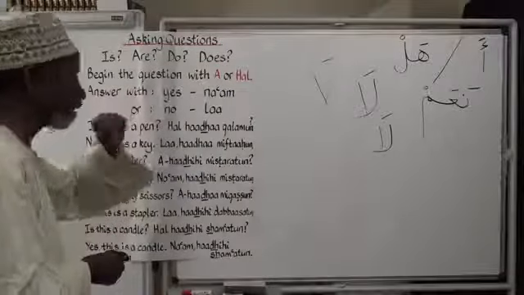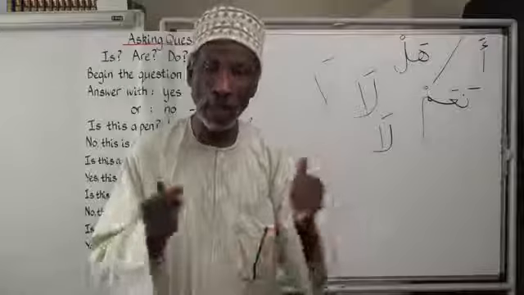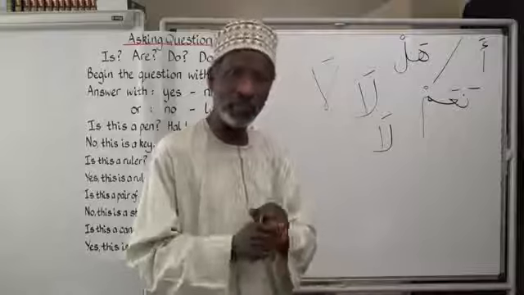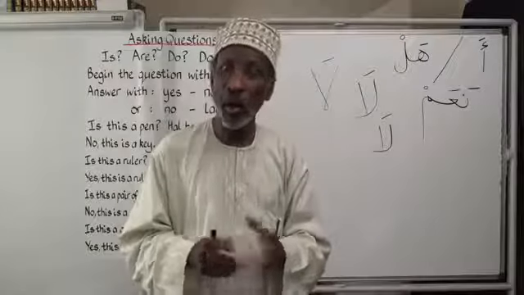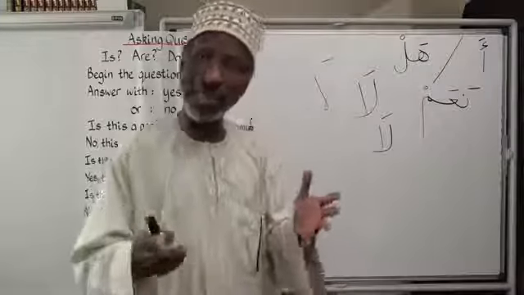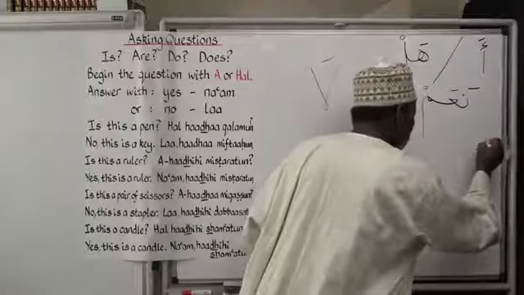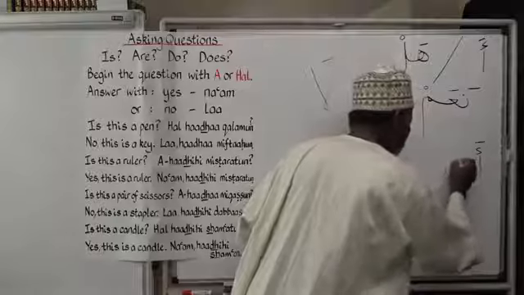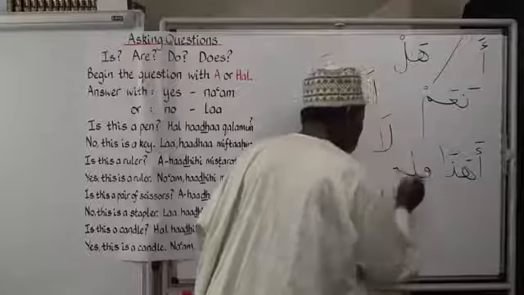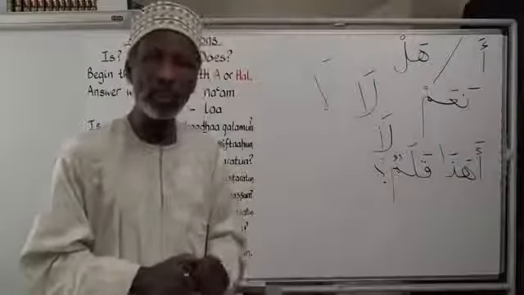Is this a pen? You know pen is qalam in Arabic. So you put your interrogative particle at the beginning, before you mention the demonstrative pronoun هذا, because qalam is masculine, mudhakkar. So we say أ, and then هذا, and then قلم, question mark, facing the other way.